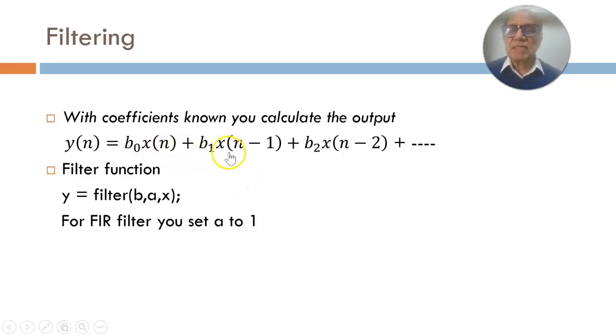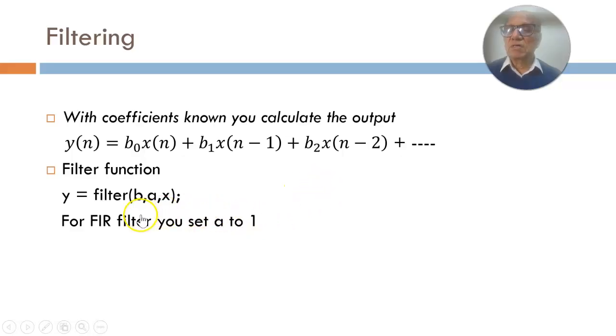They are not present in the FIR filters. Therefore, this particular function is a general function which is useful for FIR as well as IIR filters. So when we are using it for FIR, we will simply set A equal to 1 and then, using the coefficients, use the filter function to generate the output. That is what you do.